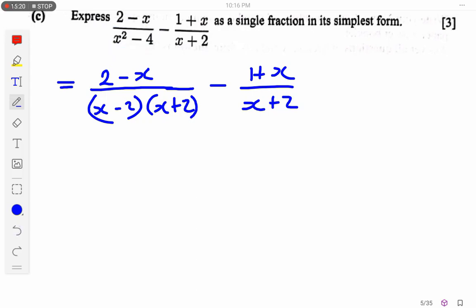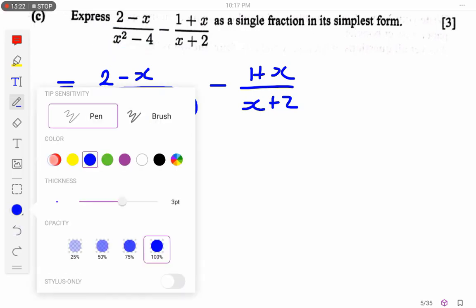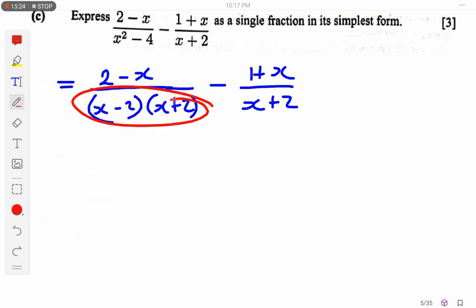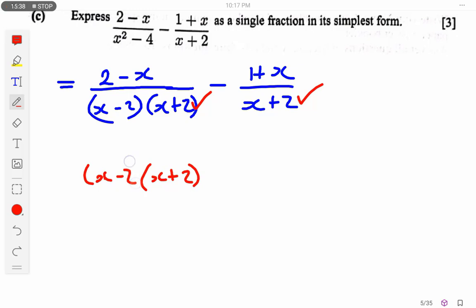Now, having this, let's find the common denominator for this one and for this one. You find out we have got a common factor, so we can write it and say we have x plus 2. Then we also have x minus 2 there. So this is our common denominator there.